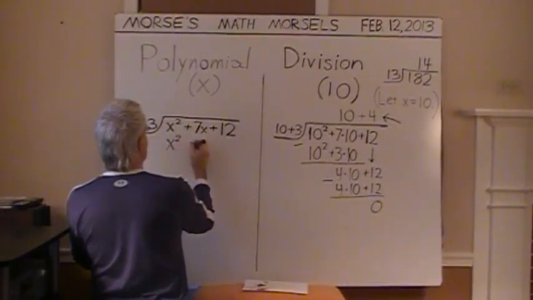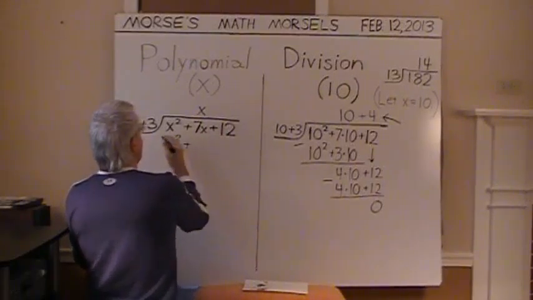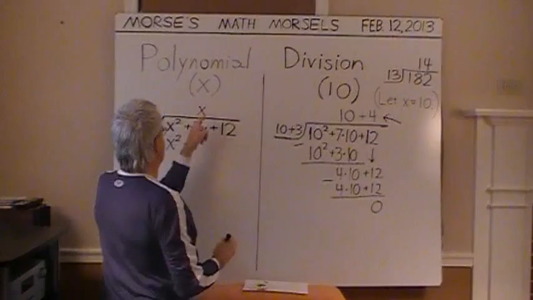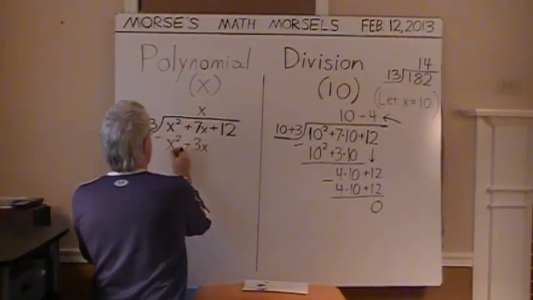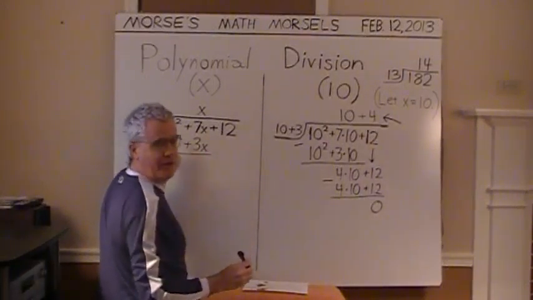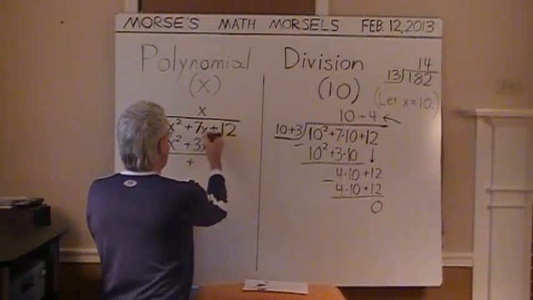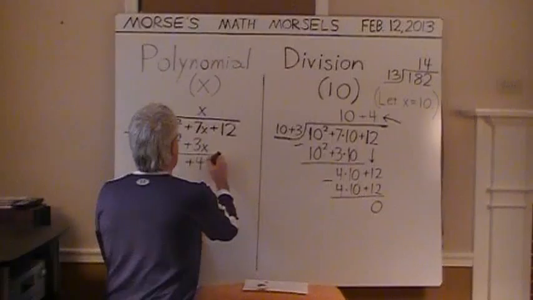X multiplied by itself is x squared. Well, we're going to need the x up here. And the 3 has to ride along. The 3 times the x, 3 times x is 3x. Now subtract these. The x squared minus the x squared is 0. That can stay blank. 7x minus 3x is 4x.